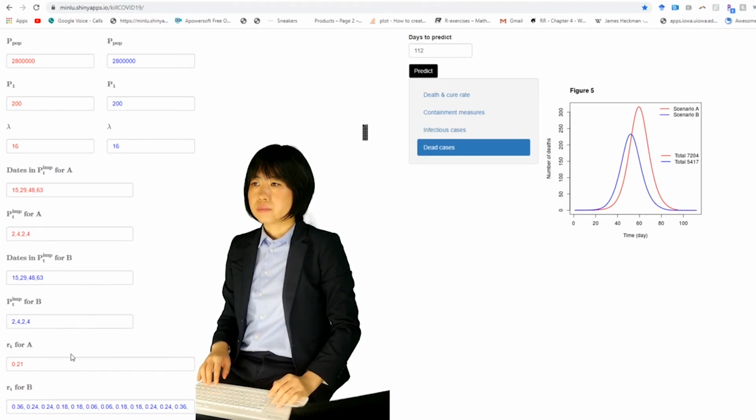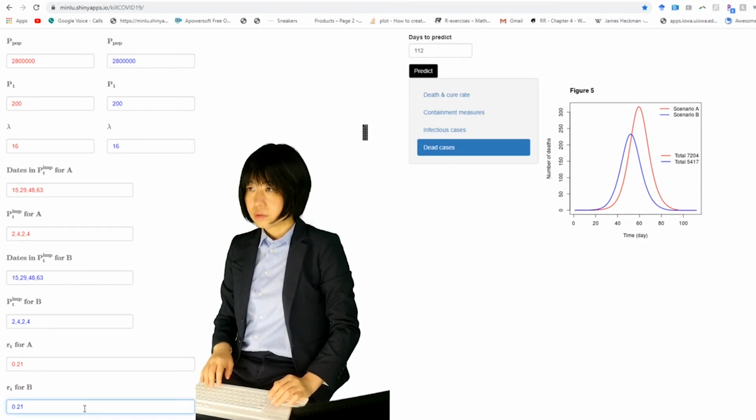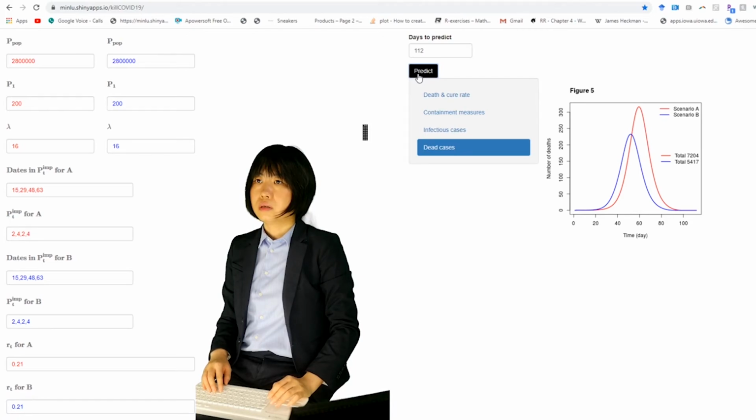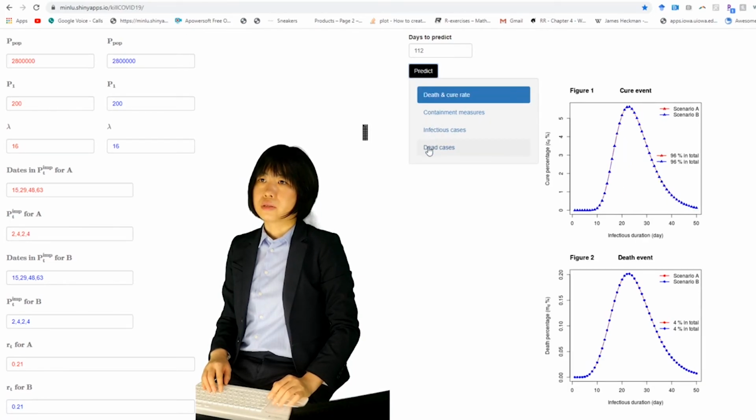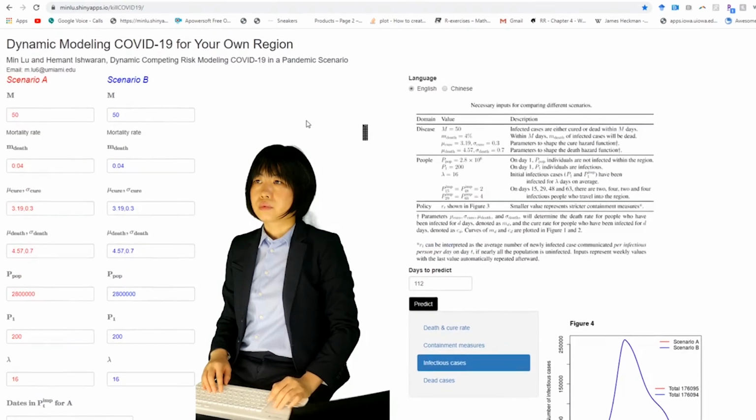Now let's use the same containment measure. Everything's supposed to be the same. But we change the shape of the mortality rate.